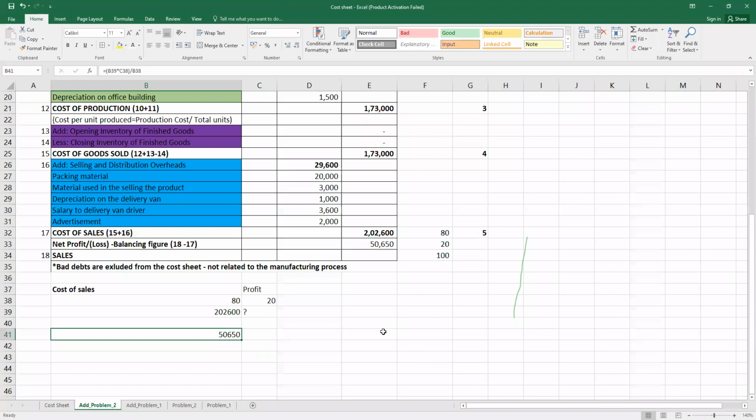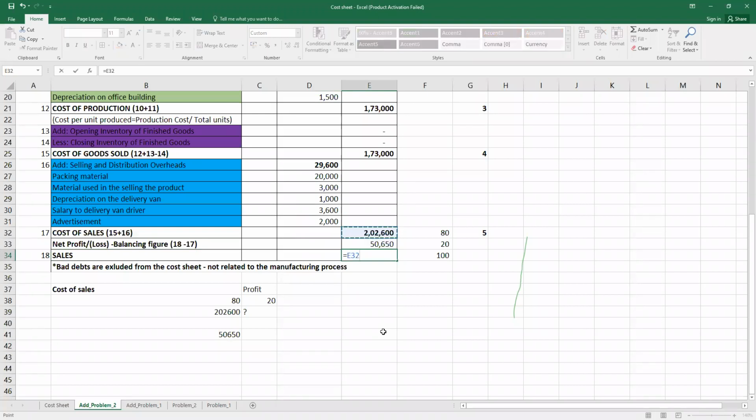Yes, Pranav, absolutely right. 50,650 is the profit, and the sales is cost plus profit. So the sell value is 2,53,250. Now what I'm going to do is upload this Excel sheet in the chat box itself.